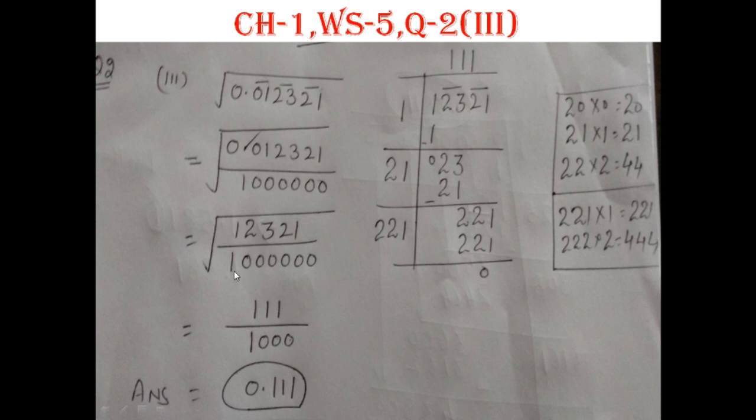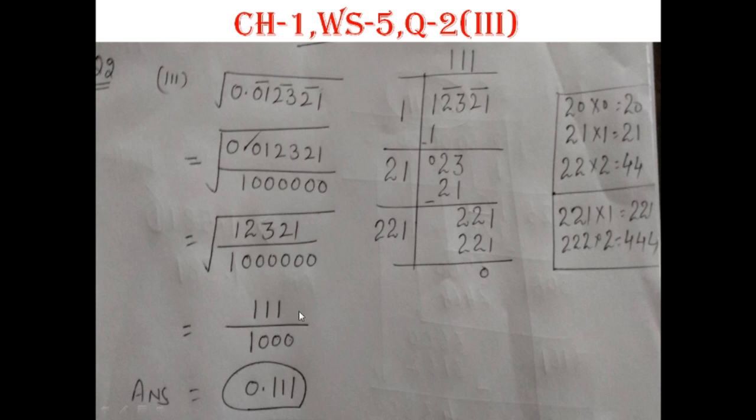You can solve this with this method also, or you can simply know that half of the zeros appear in the square root. These are 6 zeros, so half of the zeros means I can write 3 zeros here, 1000.